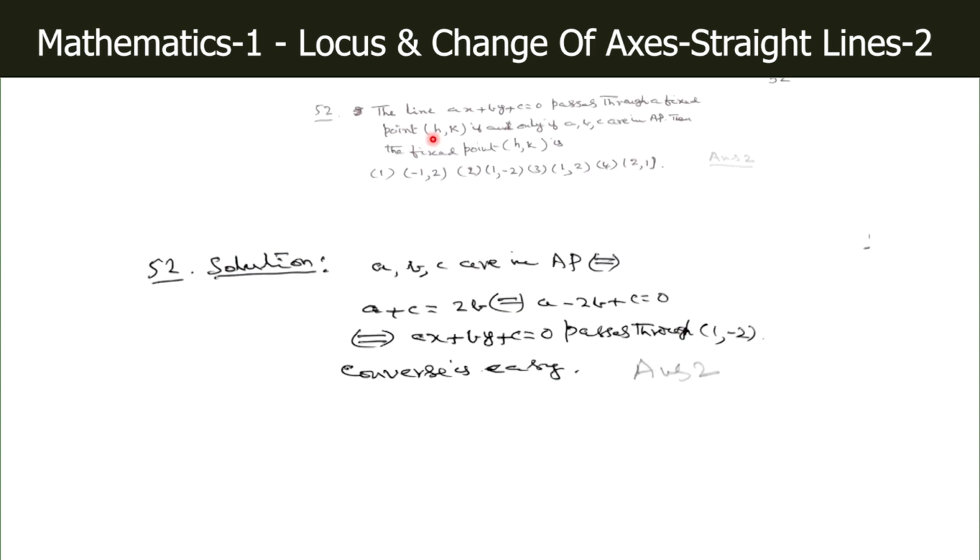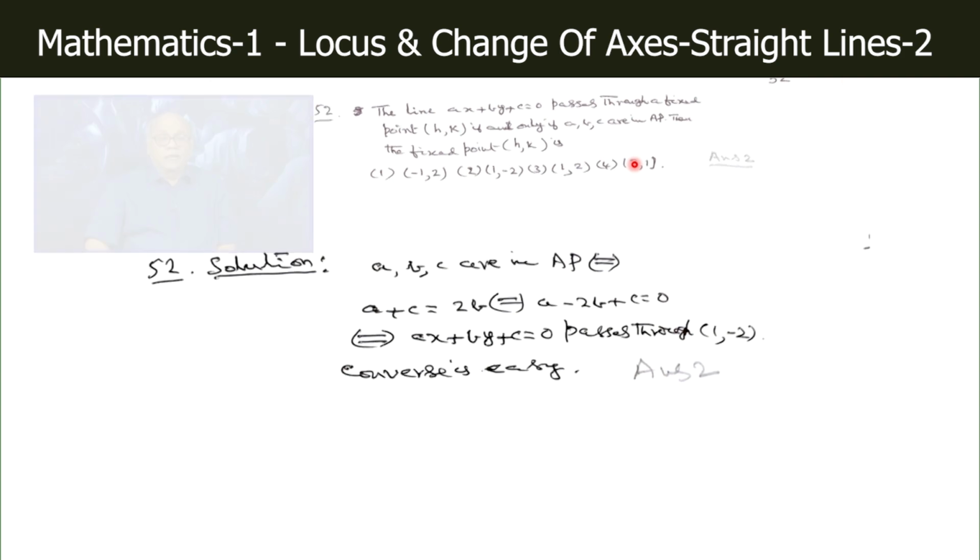52. The line Ax plus By plus C equal to 0 passes through a fixed point (h, k) if and only if A, B, C are in AP. Then the fixed point (h, k) is: minus 1 comma 2; 1 comma minus 2; 1 comma 2; and 2 comma 1. Okay.